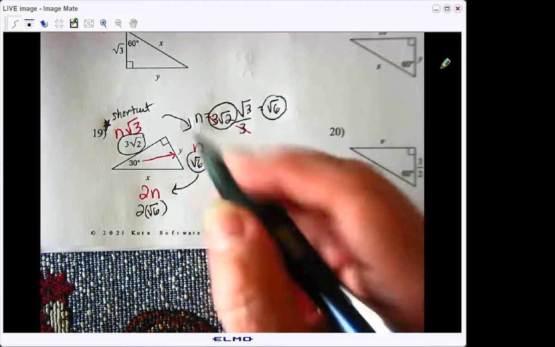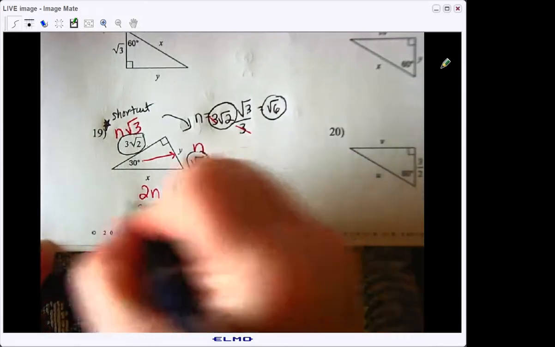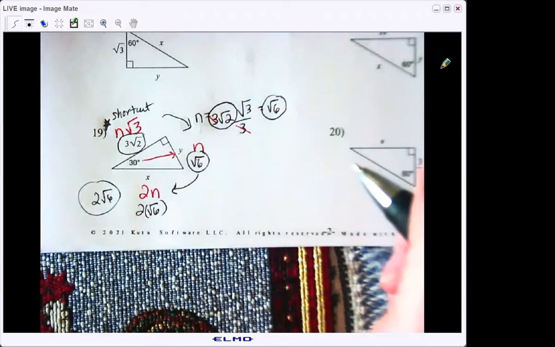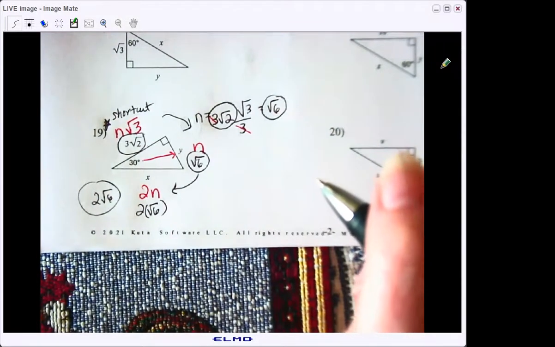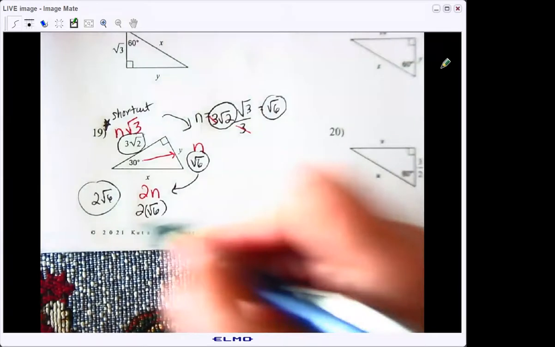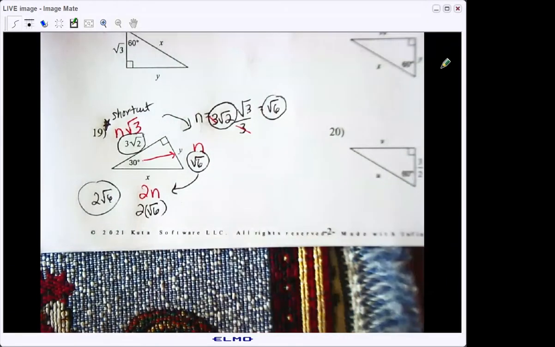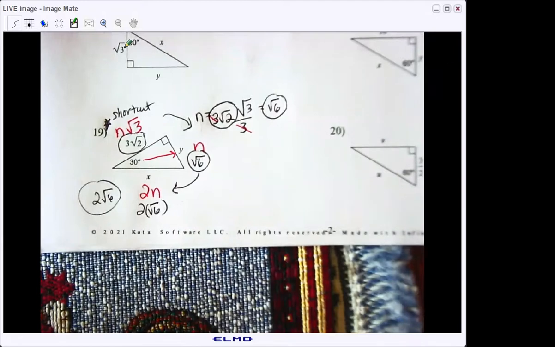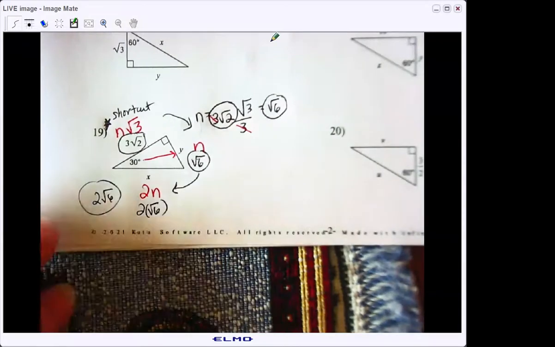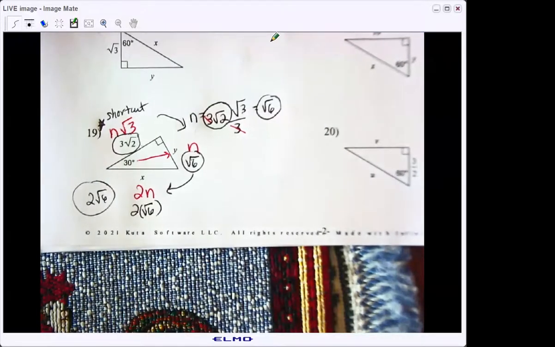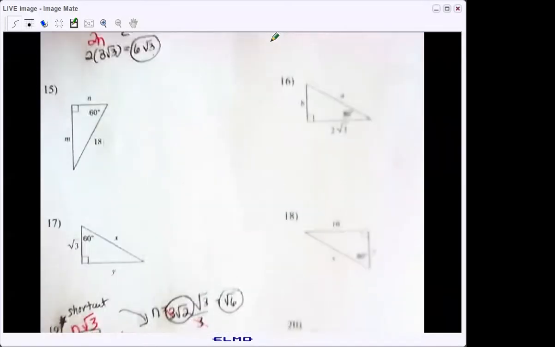They don't mix. So my answer is 2 root 6. And you're done. It's tempting to call it maybe root 12, but it's not because one's inside, one's outside. Okay, so let's go back up to number 12.